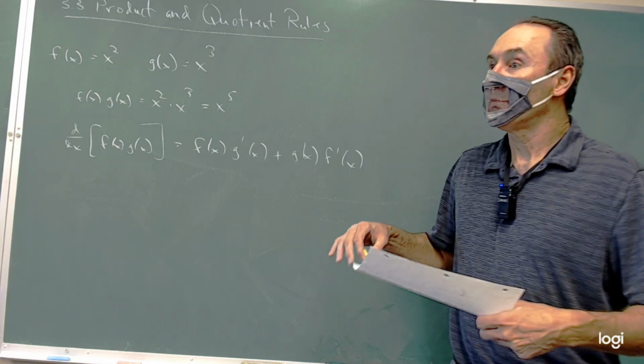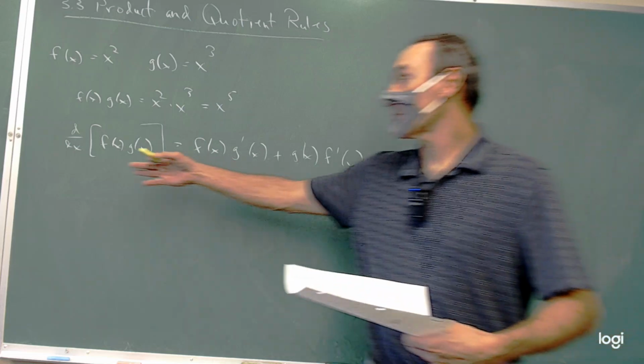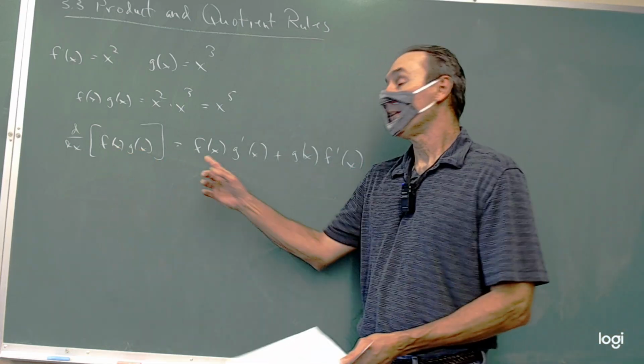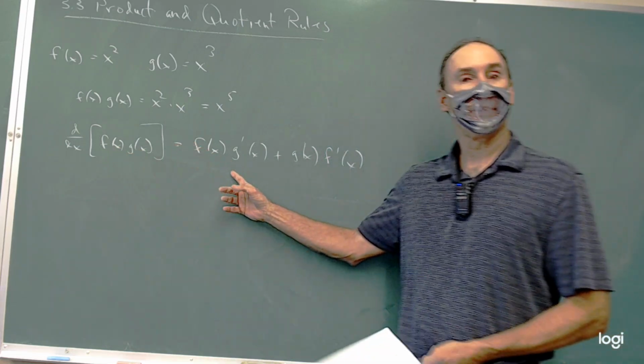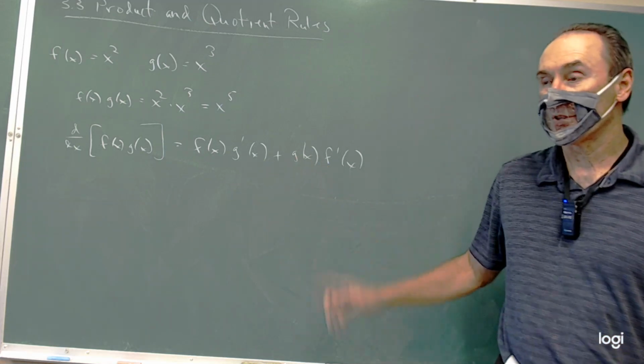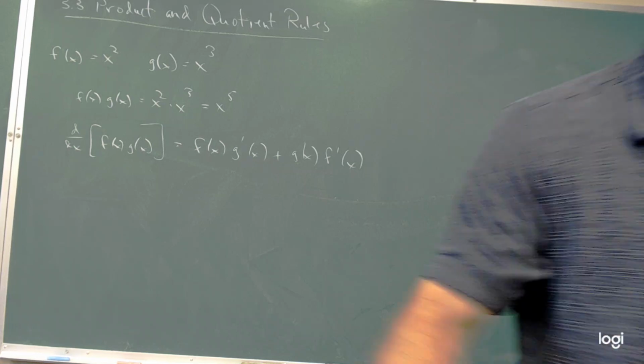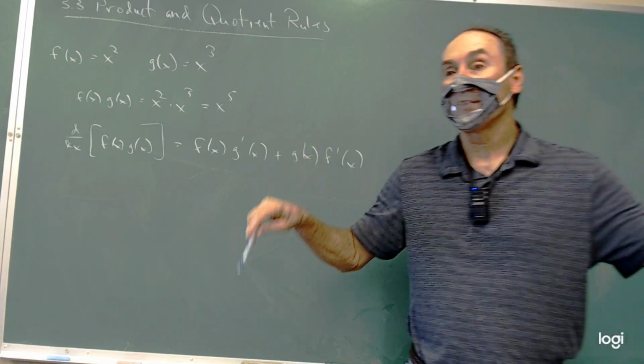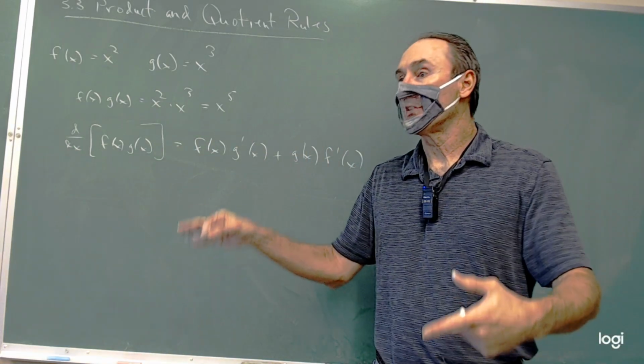Say it with me. The product rule is the first times the derivative of the second plus the second times the derivative of the first.